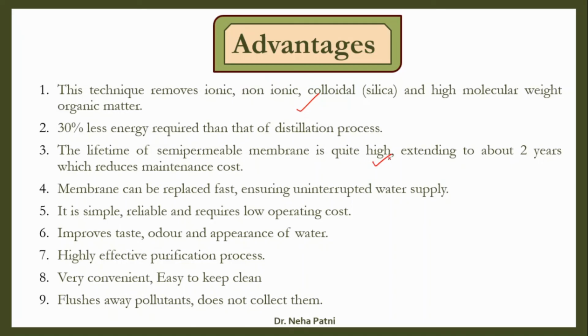We get good quality ROs, and overall maintenance cost is now reduced. Earlier it was very costly, but now there are 2-3 generations of membrane. In semi-permeable membranes, polymer membranes and polymer composite membranes have come into the picture. So that is how the maintenance cost is also now reduced. They can be replaced fast, and it is a very simple and reliable method now.